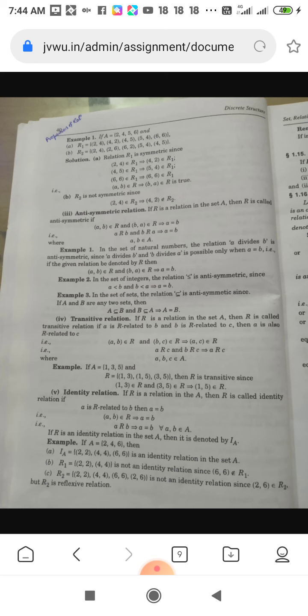So these are the properties of relation: reflexive, symmetric, transitive, antisymmetric, and identity.